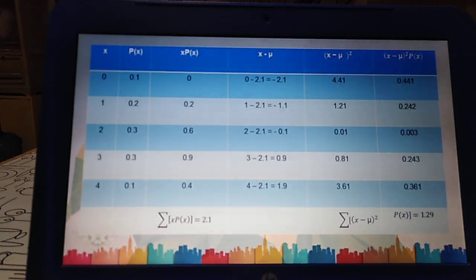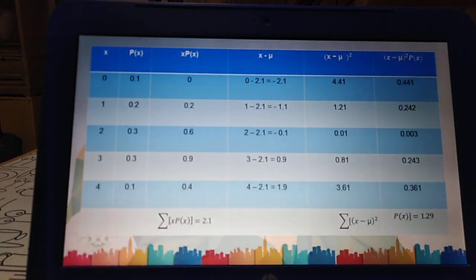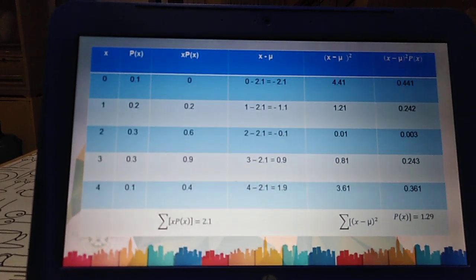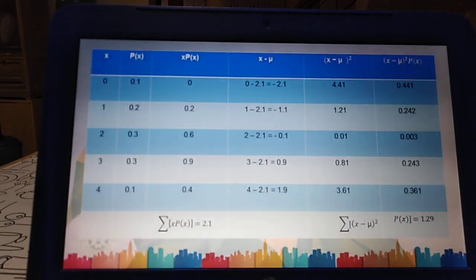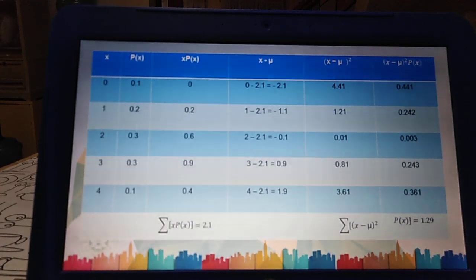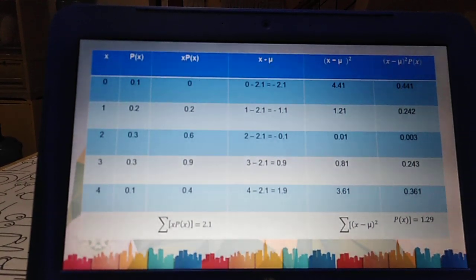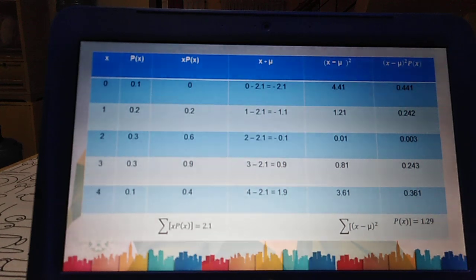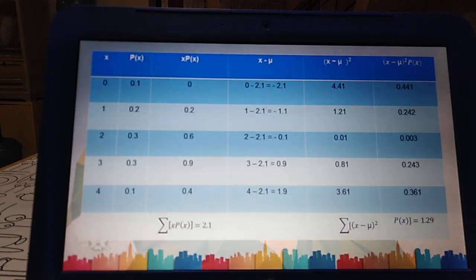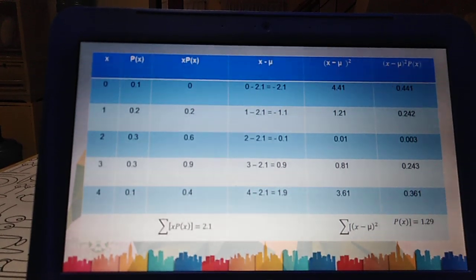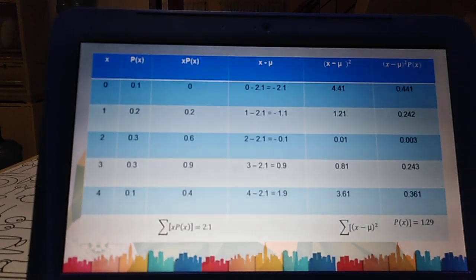Why do we need the expected value? Because we need to subtract it from each random variable. In the fourth column, we will subtract the mean or the expected value of 2.1 from the random variable. So from the first column, 0 minus the expected value of 2.1 is negative 2.1.